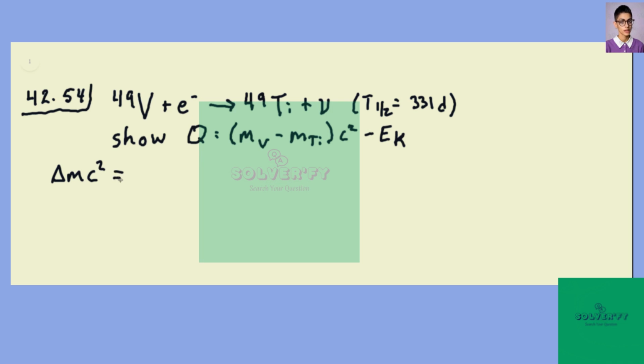And it suggests that we put in bold M_V and M_Ti as the nuclear masses, and then add in enough electrons to use the atomic masses. It's a little bit difficult to handwrite bold letters, but we can use a different color.